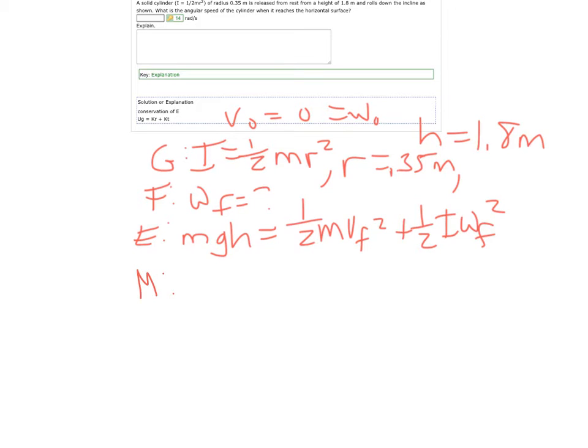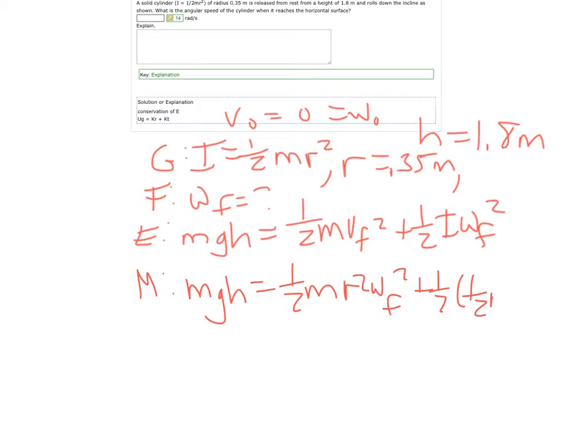So you ended up with mgh equals 1/2 m, and we changed this into omega, so it would be r squared omega F squared, plus 1/2 times 1/2 m r squared omega F squared. And so the m's all cancel.